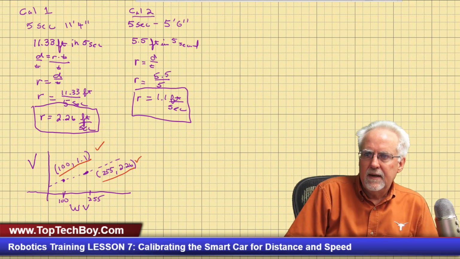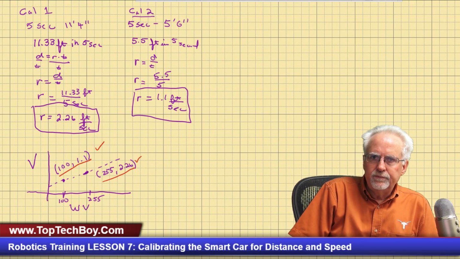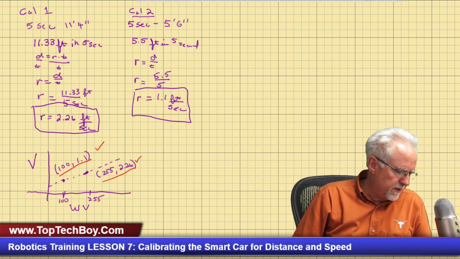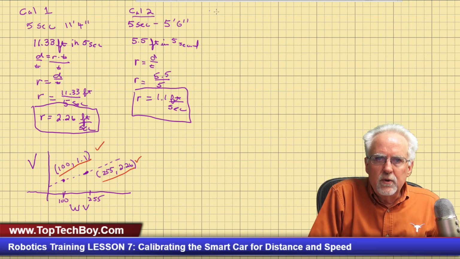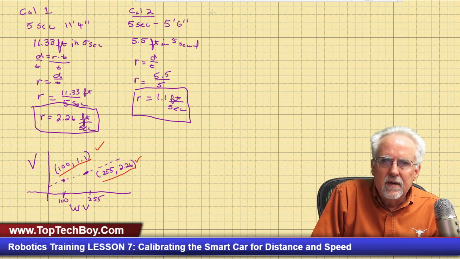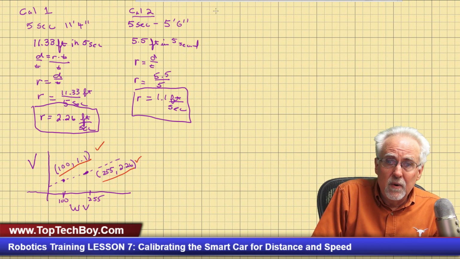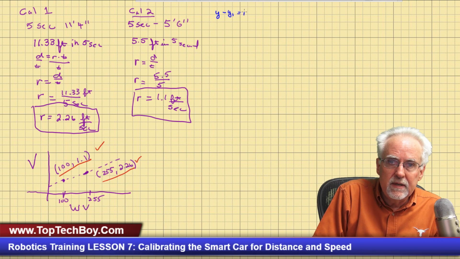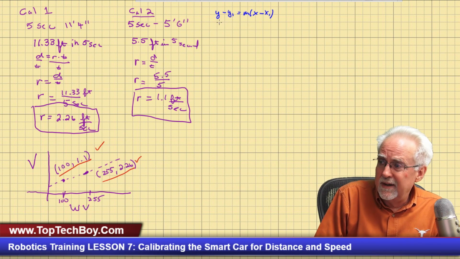Now we will come over here and we need to write the equation for that line. Well, what do I know about a line? The first thing I know is y minus y1 is equal to m times x minus x1. Hopefully you guys have at least seen this before, and it's kind of ringing a bell.